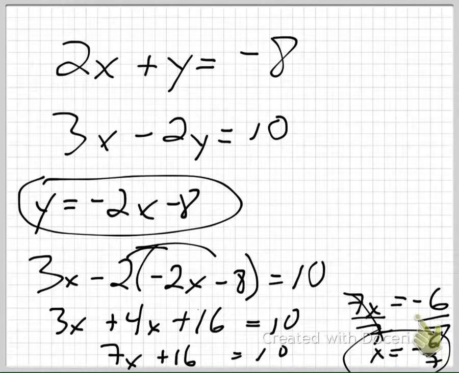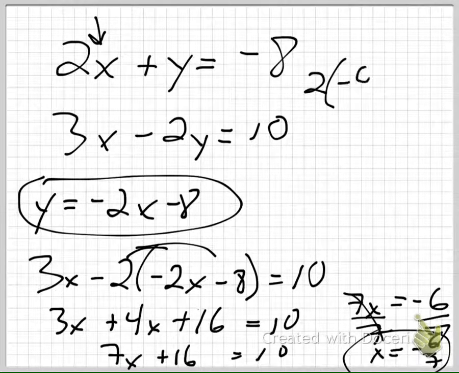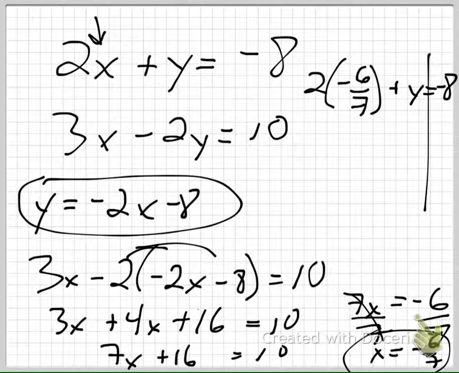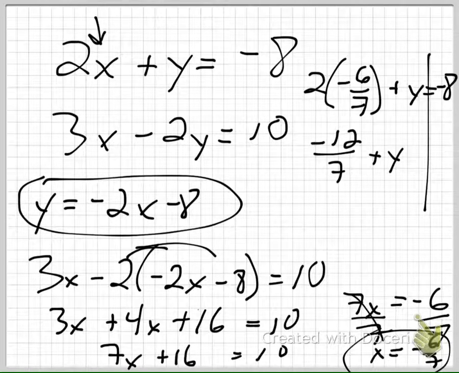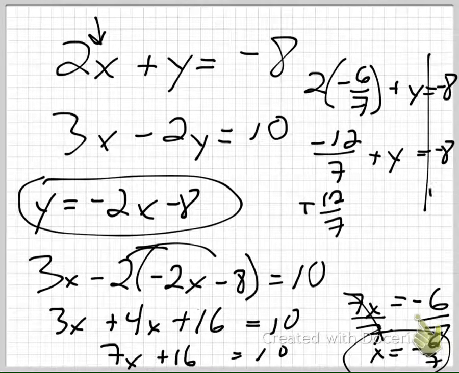So now I've got to go plug it into this guy right here. 2 times negative 6/7 plus y equals negative 8. 2 times negative 6/7 is negative 12/7 plus y equals negative 8. Oh boy, plus 12/7 on both sides. Do you see how this gets ugly, right?